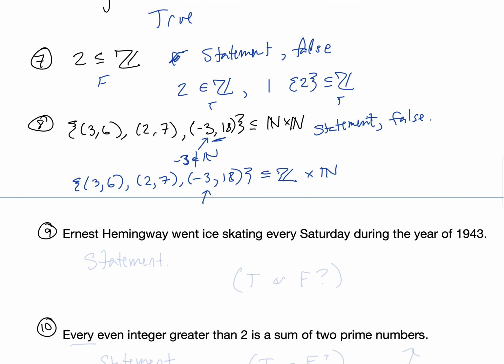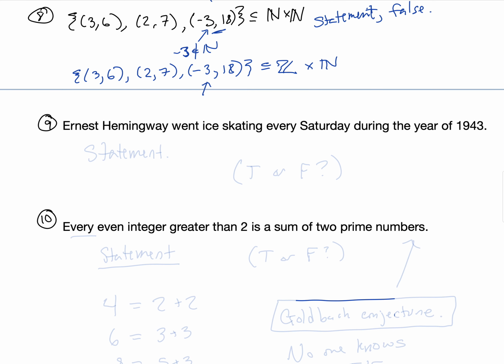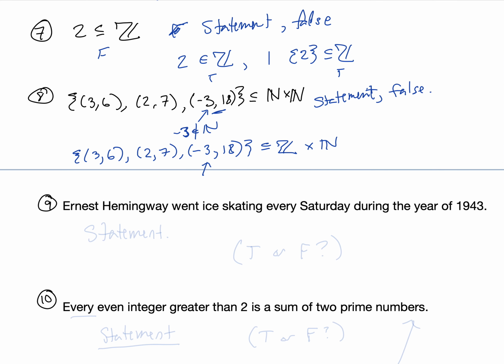Next, Ernest Hemingway went ice skating every Saturday during the year of 1943. Well, probably we don't know whether this is true. In fact, I just made it up, so most likely it isn't true, but technically it could be possible, right? So we don't know whether or not this is true or false, but regardless, this is a statement. It is either true or it is false.